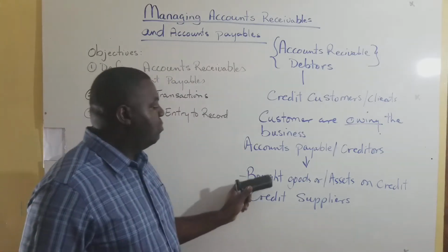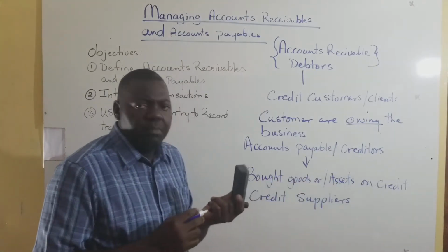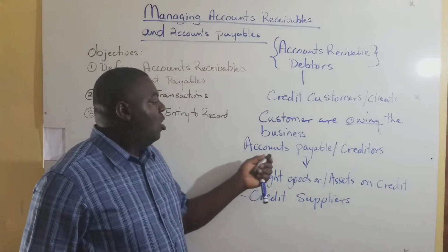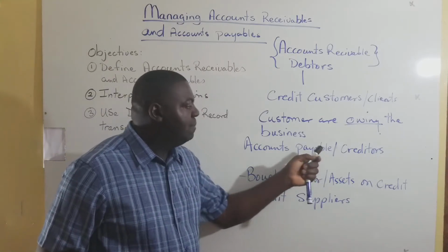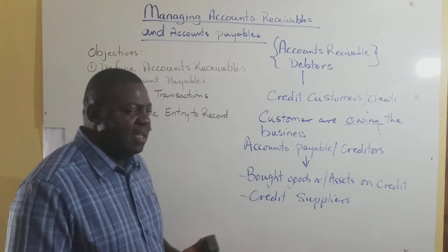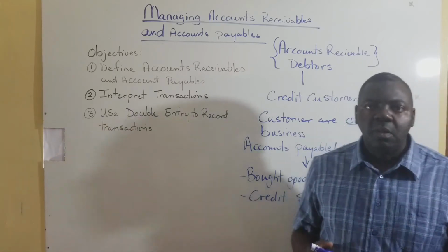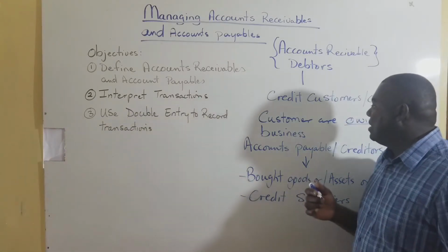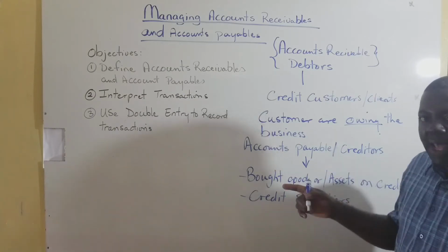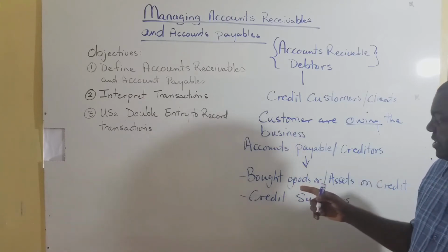So we bought goods or any other asset on credit from them, or if we bought services from them on credit, they become our accounts payable or creditors. What it is indicating is that we need to pay these suppliers for the goods and services.